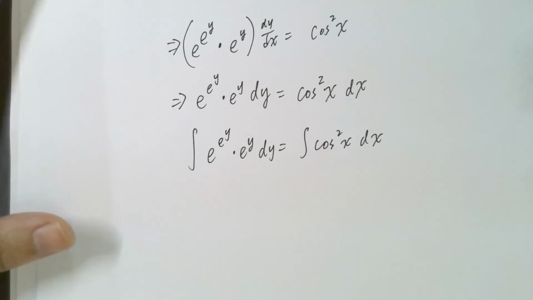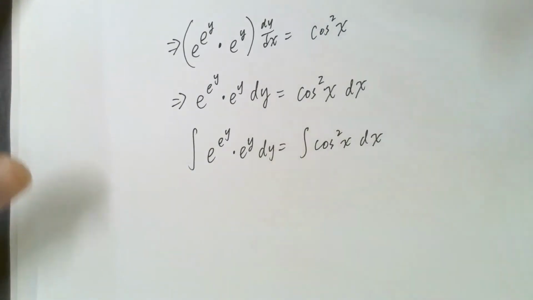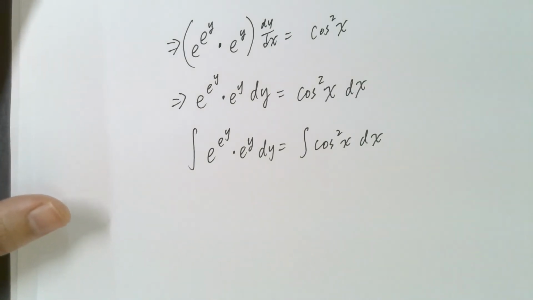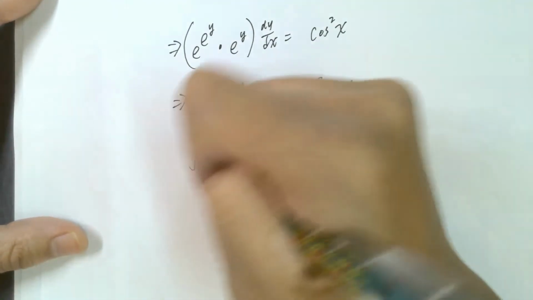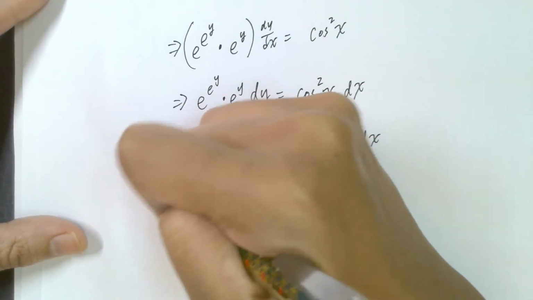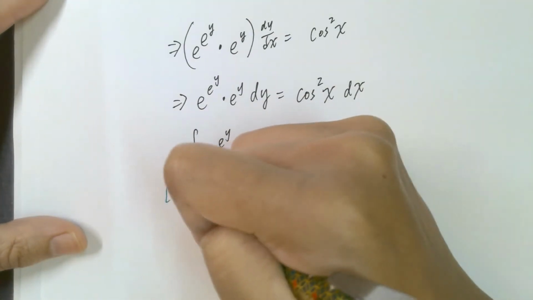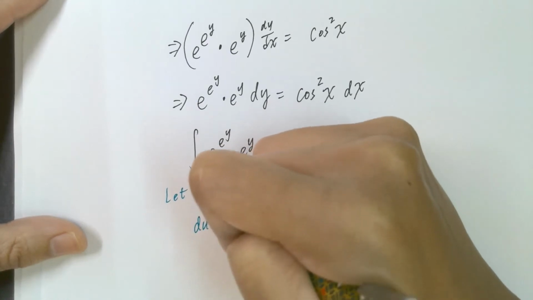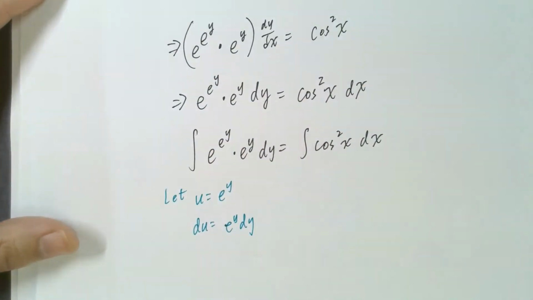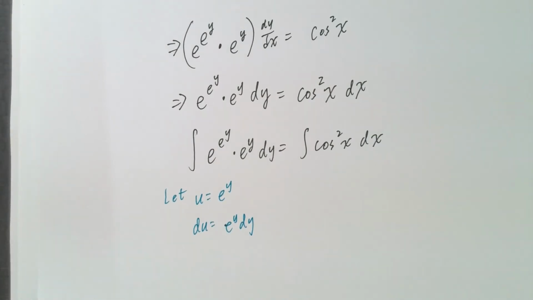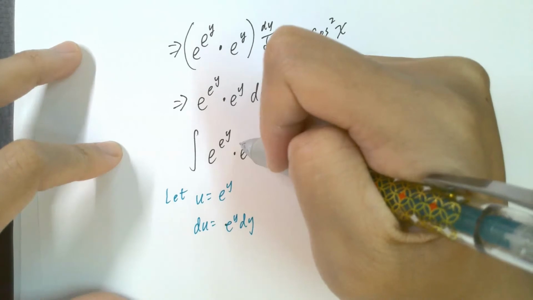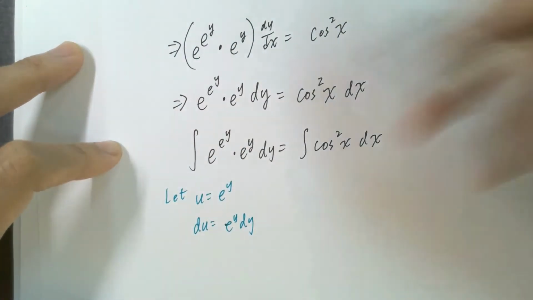I would say the left-hand side is a little bit easier to integrate, because I think a natural reflex response is to use substitution. In this case, let u equal e to the power of y, then du equals e^y dy. So that looks pretty neat for us, because in our original equation, we've already got our du up here, right?